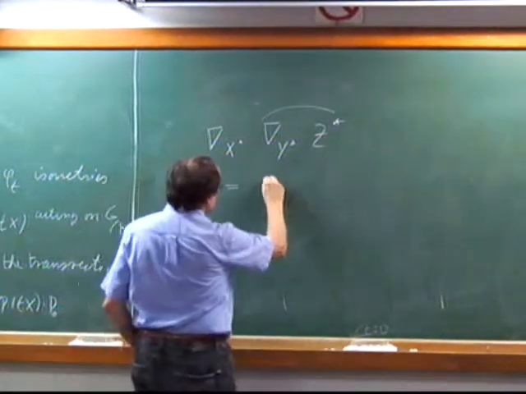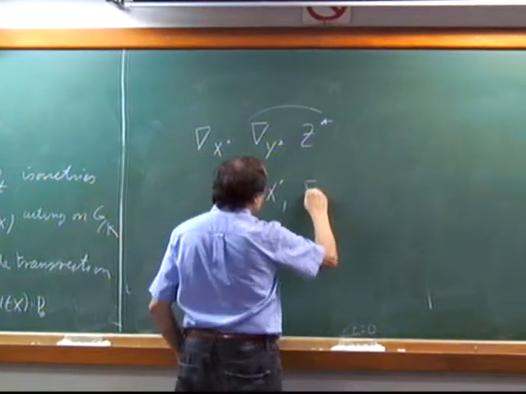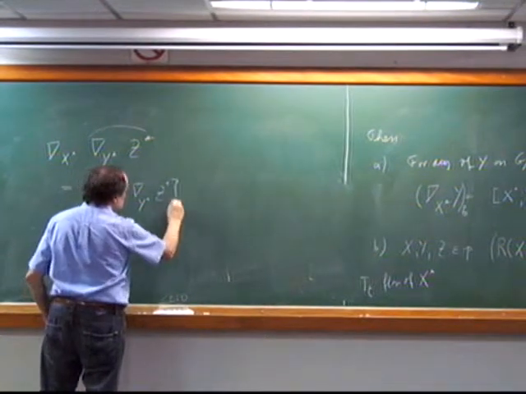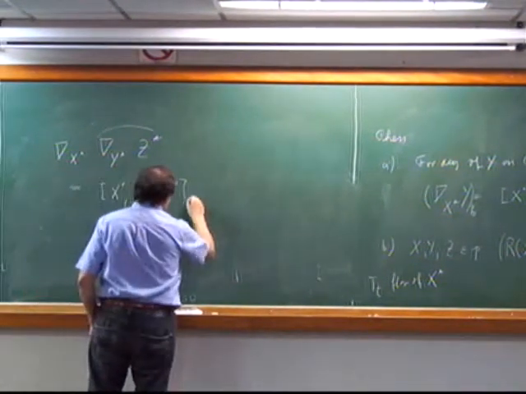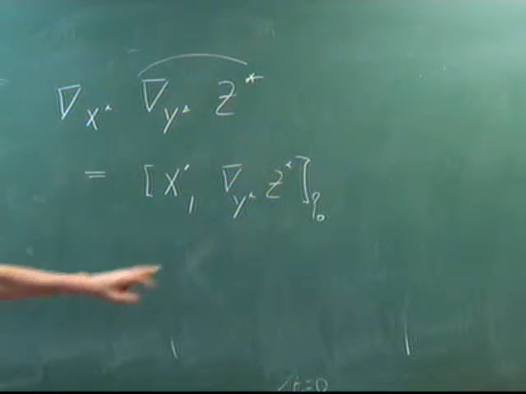So that is first the Lie bracket in X star and nabla Y star Z star, and then evaluate at the point p naught. Now you're very tempted to use A again. Right, I know how to compute this thing here. That's a Lie bracket again.